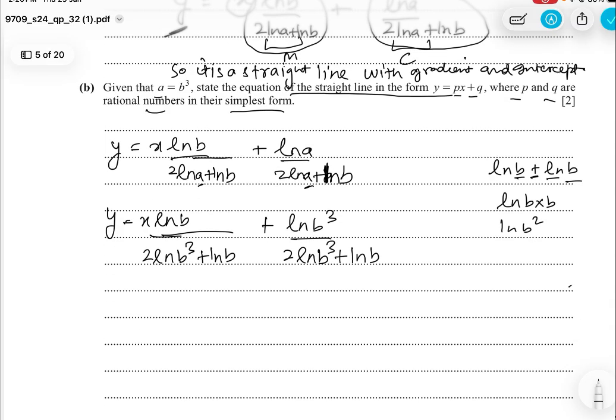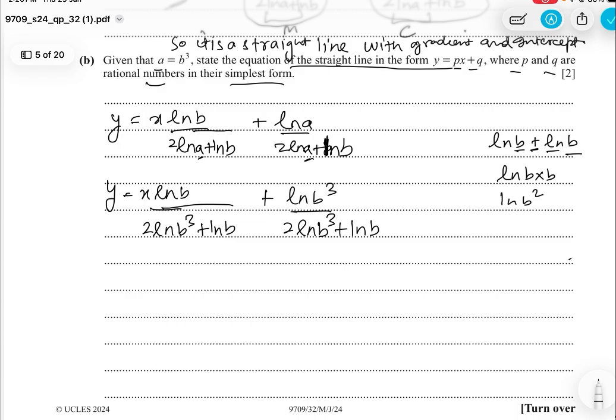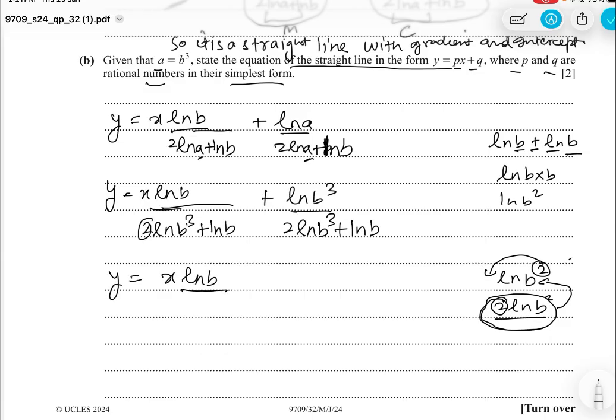Yes or no? Now listen and think with me also. If I write ln b square, can I write it like this, 2 ln b? The power comes to the coefficient and multiplies. But I can also write it the opposite way, by putting this 2 in power. Can we do that? Yes, this 2 will go in power. So this will become x ln b, think with me very carefully, learners.